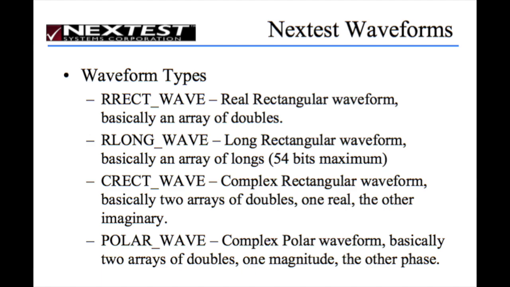So these are integers. C-rect wave, which is a complex rectangular waveform, basically an array of 2 doubles, one real, the other imaginary. Now, being imaginary doesn't mean it's not real, it's really there. And then a polar wave, a complex polar waveform, basically 2 arrays of doubles, one magnitude, the other phase.